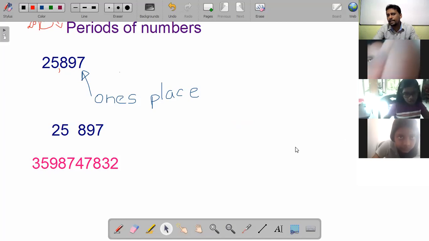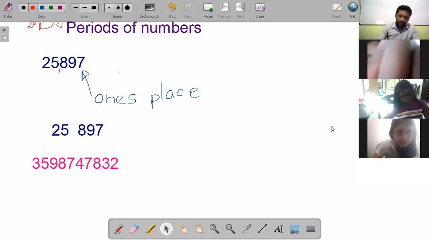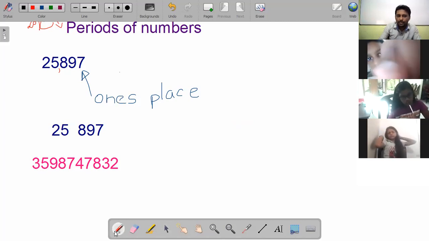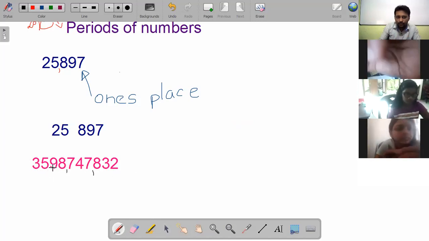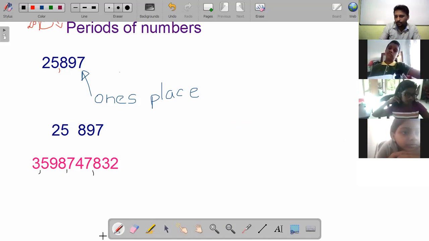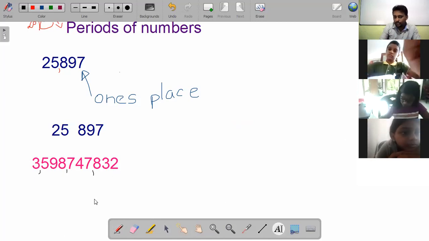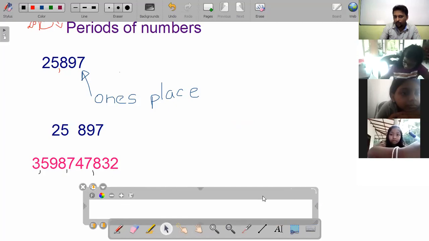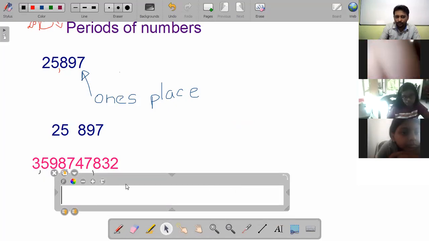Now we have to separate into periods. If you want, you can take a pencil and put the commas. That's the first group, no? Last 3 digits, that's one group. Next 3, another group. Next 3, another group. Okay, now I have put it into groups. Now I will separate this one.